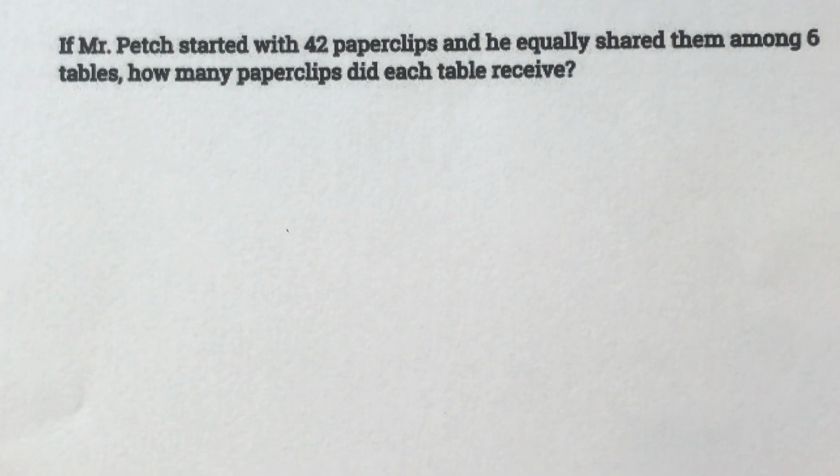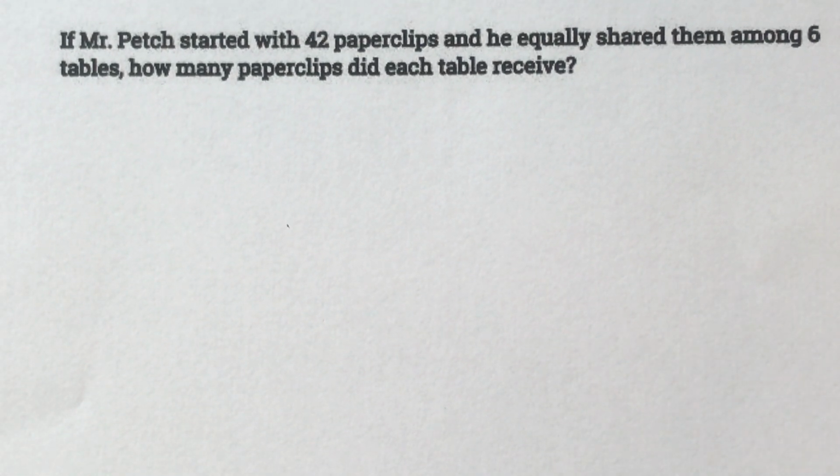Okay, let's look at another one of these. Let's make sure we can see it. It says, if Mr. Petch started with 42 paper clips and he equally shared them among 6 tables, how many paper clips did each table receive? Okay, so what do we see?